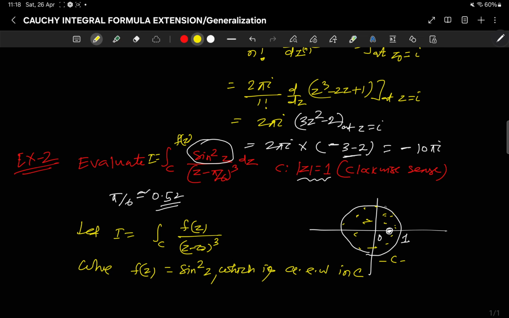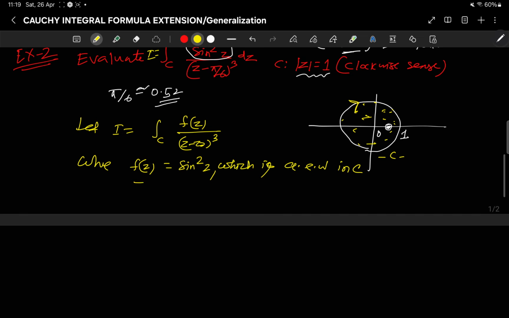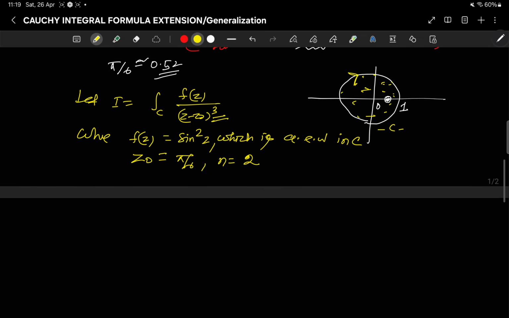The path orientation here is given as clockwise, so the integral will be the negative of the integral. Now what is your z0? z0 is equal to pi by 6, and n is equal to 2, because this is n plus 1, right?